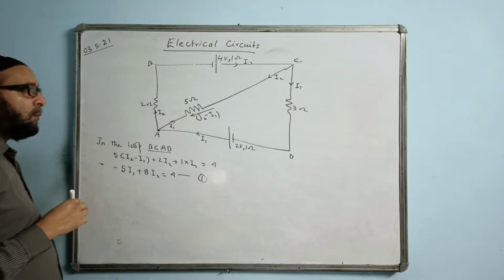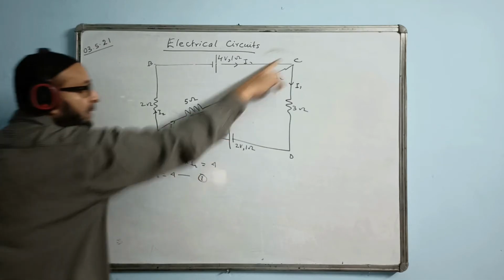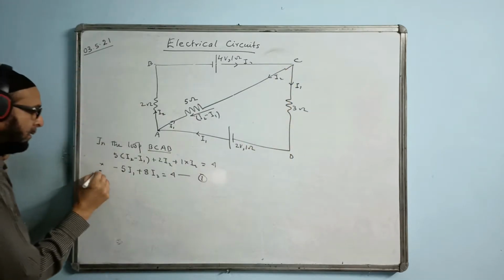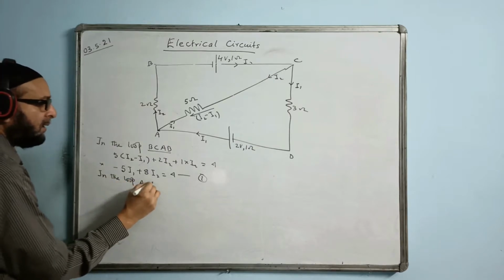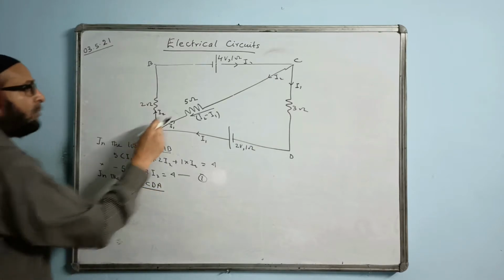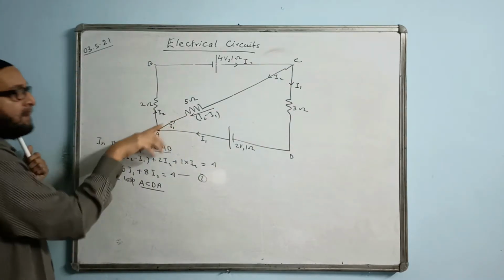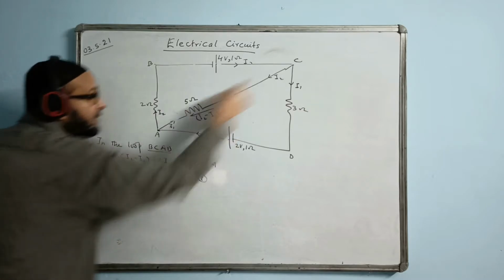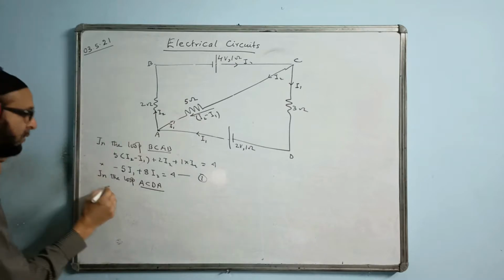Now I take another loop. From here I will take from the positive terminal of the cell. So I take this way, in the loop ACDA. First I will see this one. The direction I am taking is this way, whereas the direction of this current is coming like this, the opposite, so minus sign should be there.